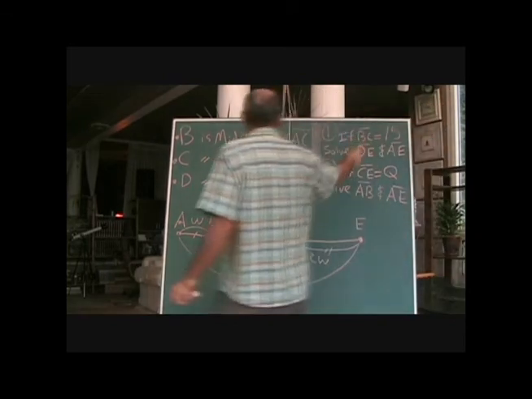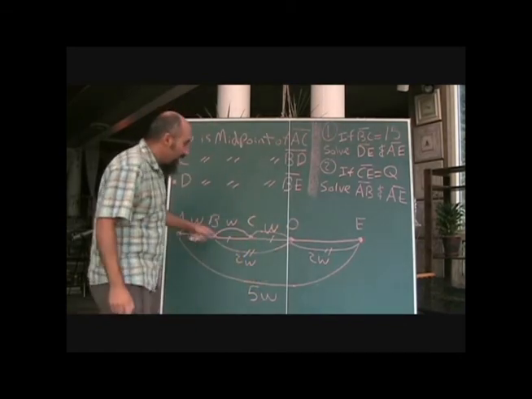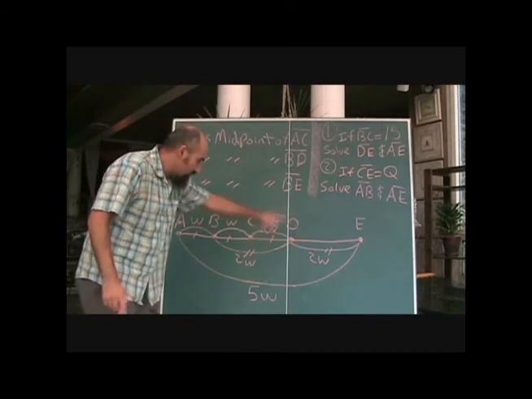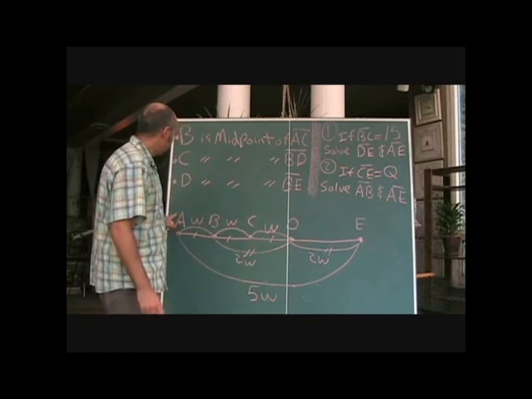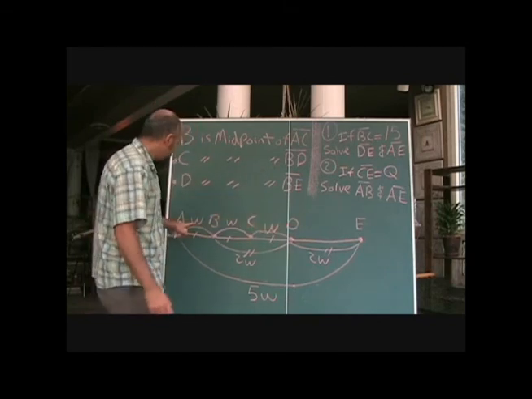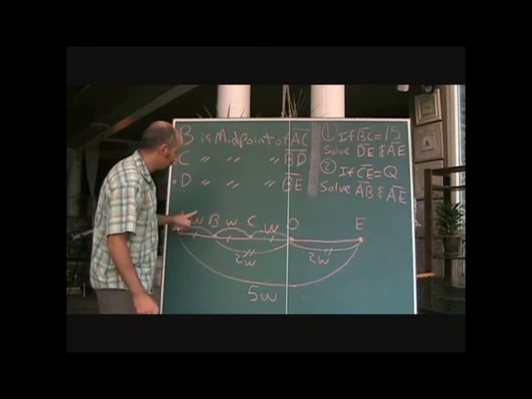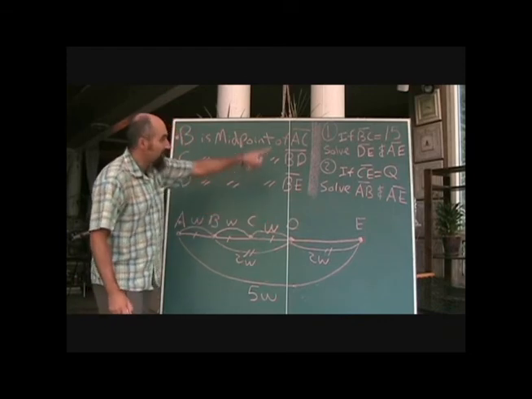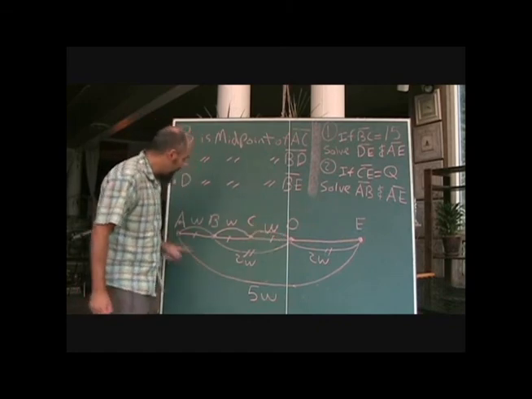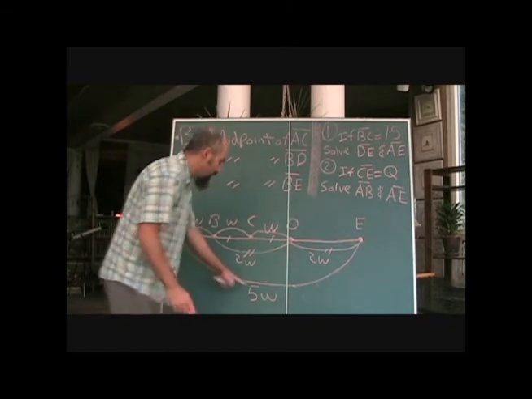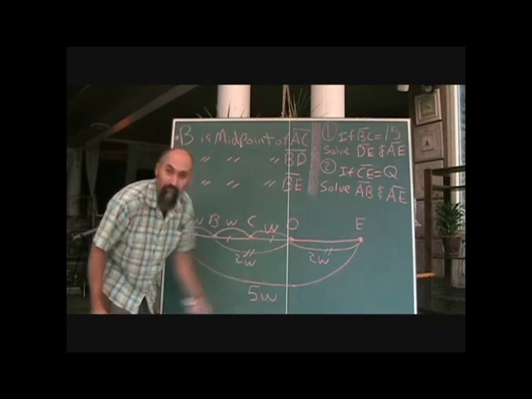Then you wouldn't have to go through this every single time to solve for it. Once you did it, and they came along and asked, what's the length from A to D? All you would know is W, W, W. So that's 3 W's, which means 3 times 15. So from here to there would be 45. What would it be from A to E? It would be 5 times 15.